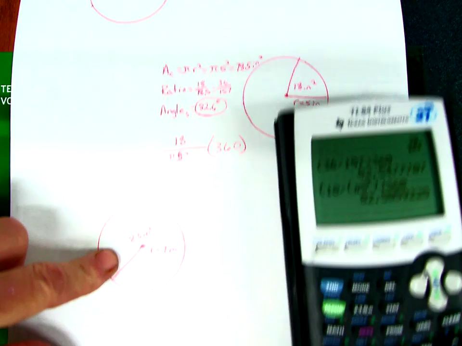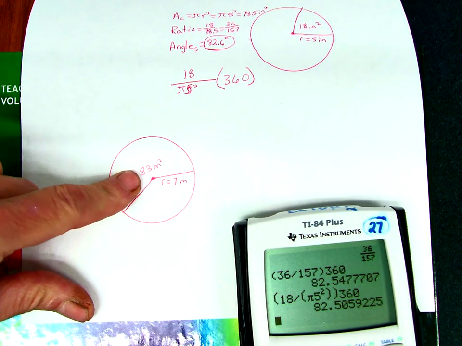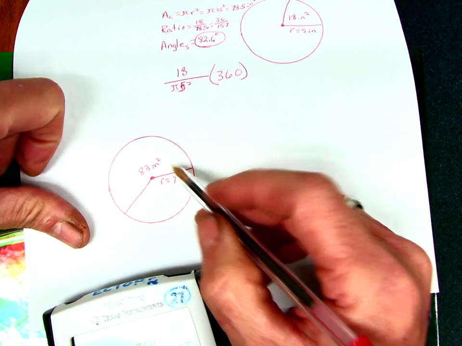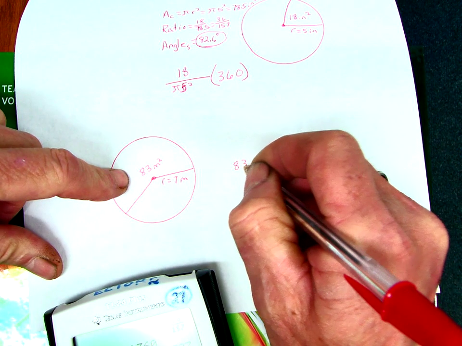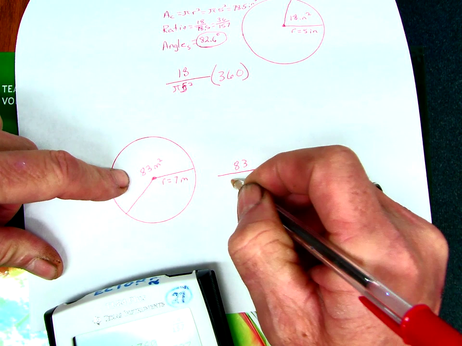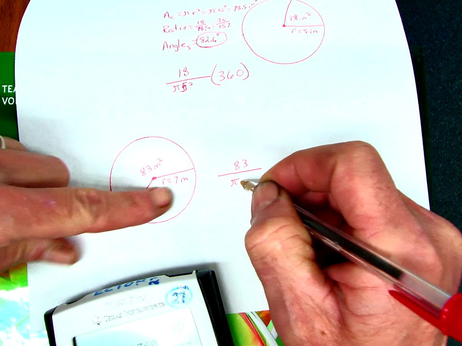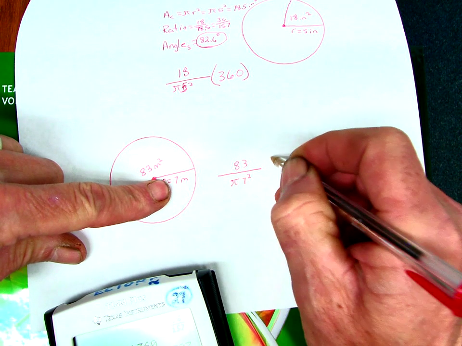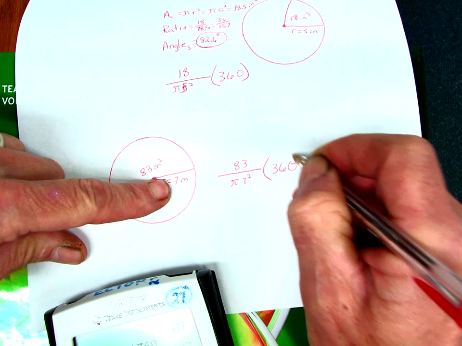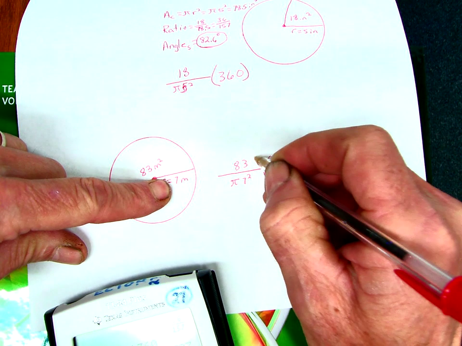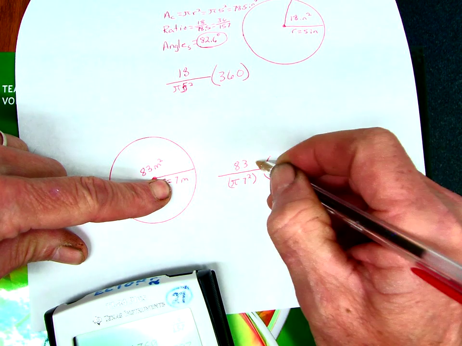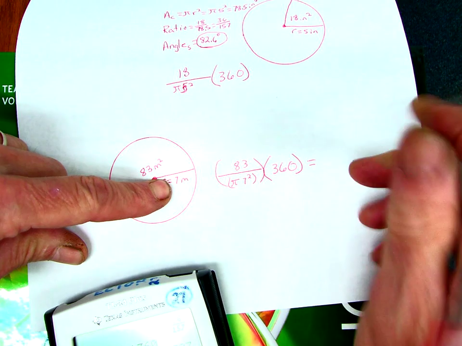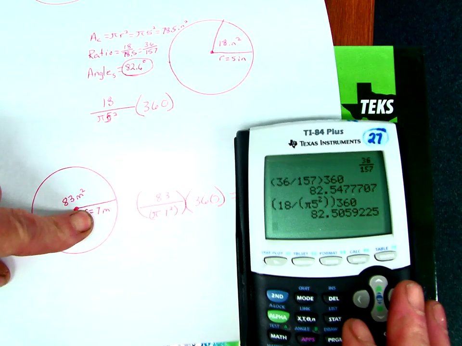So if we use that way of thinking down here, it's going to be the area of the sector, so 83, divided by pi times the radius squared, times 360. And of course I will have to put this in the parentheses here, and put this fraction in parentheses when I type it in the calculator.